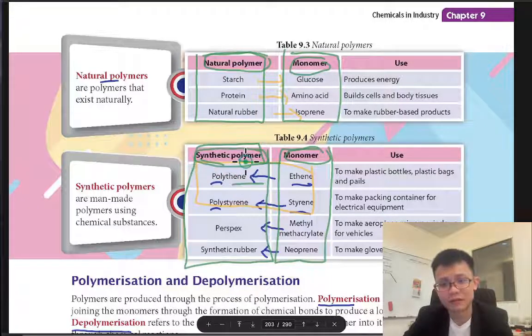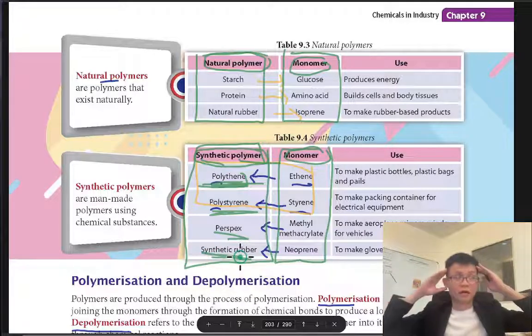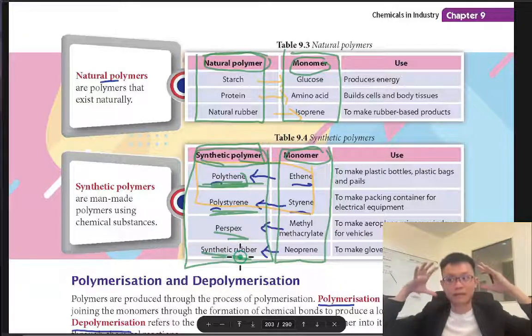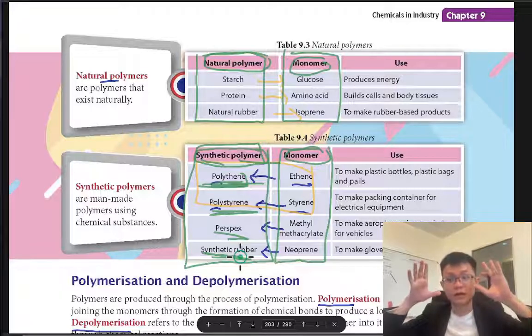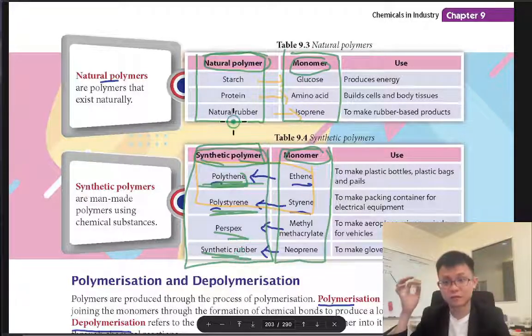So synthetic polymer, and polyethylene is the example. Can you see the example? This is just one example. Another example is polystyrene. Another example is perspex. Another example is synthetic rubber. So you need to know the category. Don't mix up polymer, polyethylene, monomer, synthetic polymer. You must imagine the box, okay?